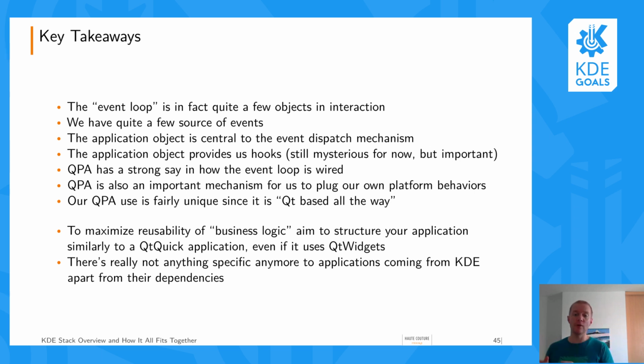The application object provides us hooks, which I kept mysterious for now, but they are important. QPA has a strong say in how the event loop is wired. So QPA really has an impact on that. QPA is also an important mechanism for us to plug in our own platform behavior, and all QPA use is fairly unique since it is Qt-based all the way.